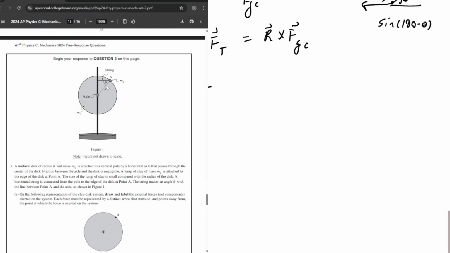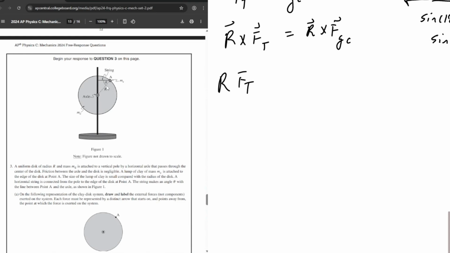So the angle between the two is 180 minus theta. Because you remember in torque, when you're doing a cross product or a dot product, you'll do sine or cosine of the theta in between the two vectors you're multiplying. And that would be sine of 180 minus theta, which is just sine theta. So it would be sine theta, not cos theta, right?